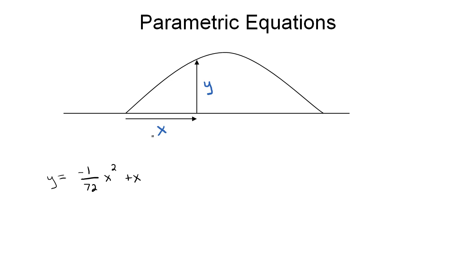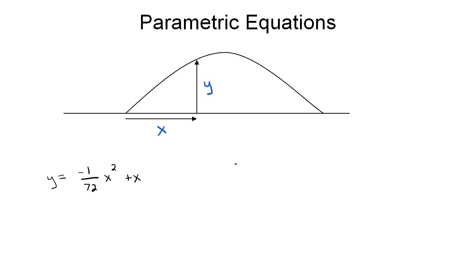At any given time, for any given value of x, I will know how far in a linear direction that ball has traveled and how high it is based on this equation. But there's one variable that I can't involve, and that's time.